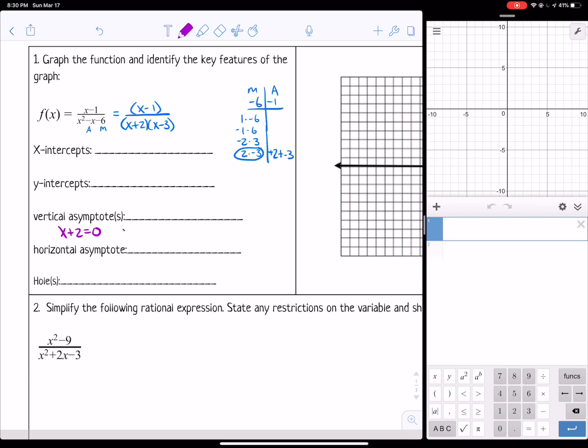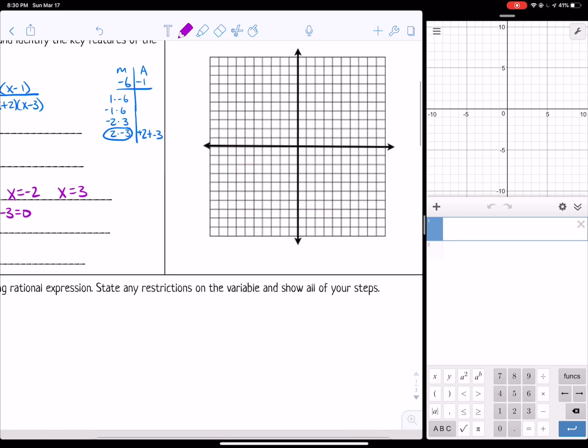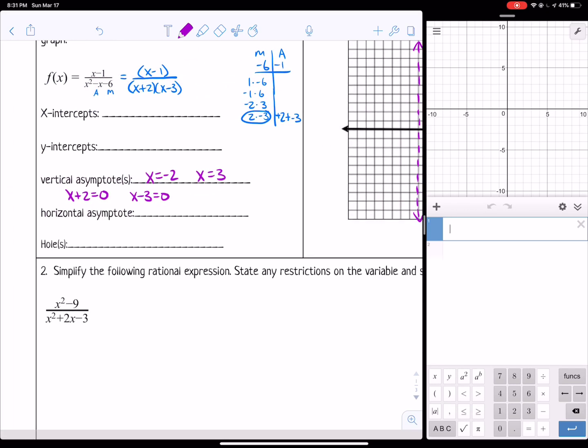So x plus 2 equals 0, x minus 3 equals 0 would give me x equals negative 2 and x equals 3 for my vertical asymptotes. So that means over here on my graph, I can graph a vertical line at those numbers. So negative 2 and 3 are imaginary lines that my graph will never touch. But I get them from the denominator.